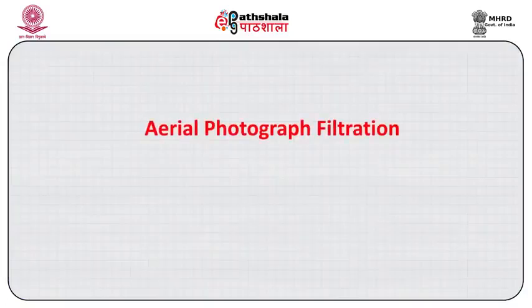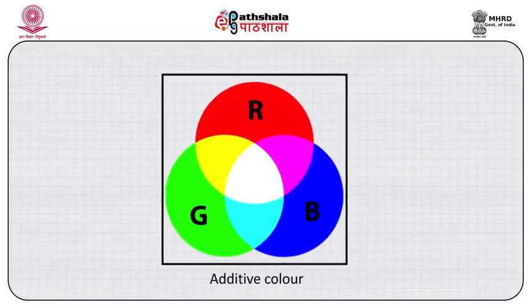Let's have the concept of camera filters. Camera filters are used to filter out some of the distortion. Generally, they are glass made or gel made and kept in front of the lens. The concept of a filter is based on primary colors as well as secondary colors. The primary colors are a combination of red, green and blue.